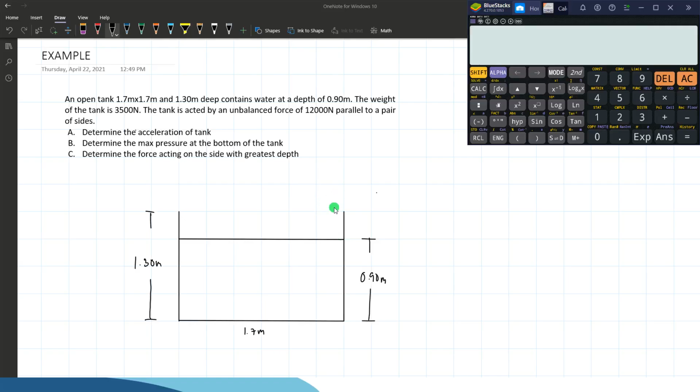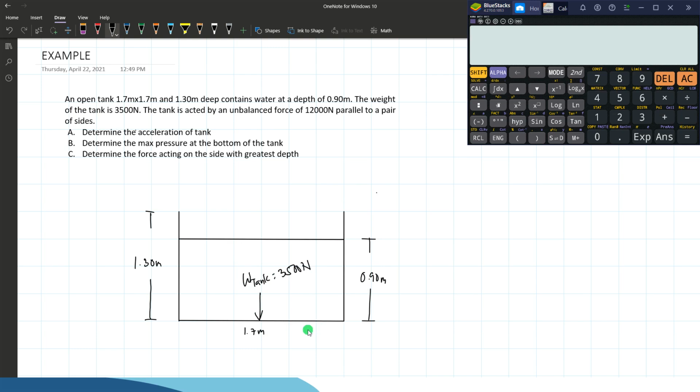Sample number 1, we have an open tank which has a dimension of 1.7 by 1.7 and 1.3 meters deep. It contains water at a depth of 0.9 meters, and the weight of the tank is 3,500 newtons.